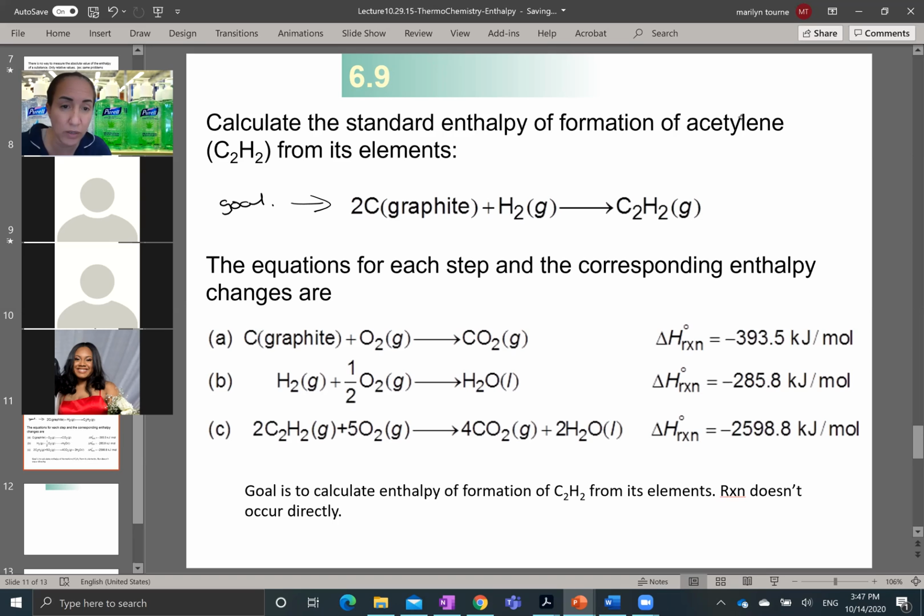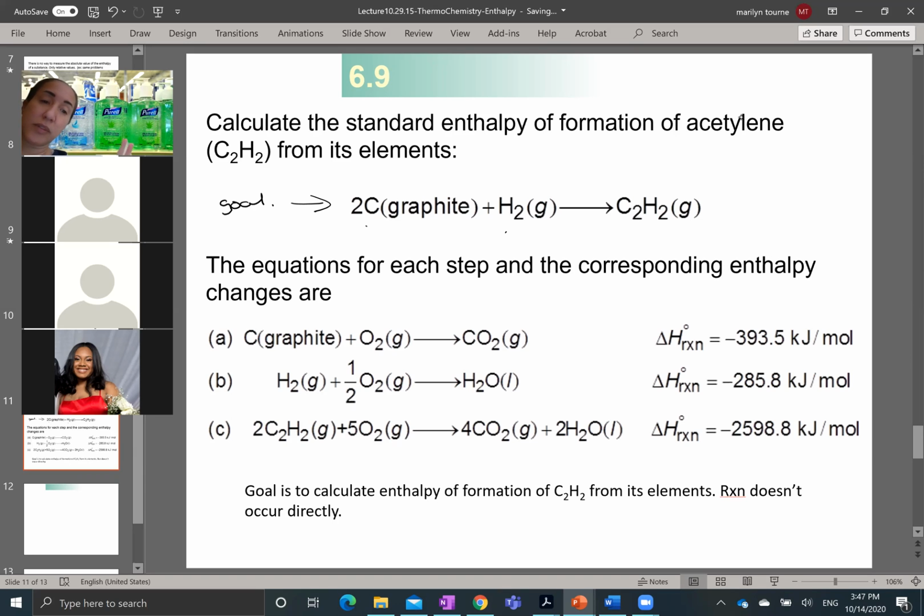This thing, going carbon graphite and reacting hydrogen gas to make C2H2, doesn't happen in one step. It happens in a bunch of steps. So your goal is to use these examples to find out what the final enthalpy of reaction is for the ultimate goal, which is the ultimate reaction. Is everybody with me still?